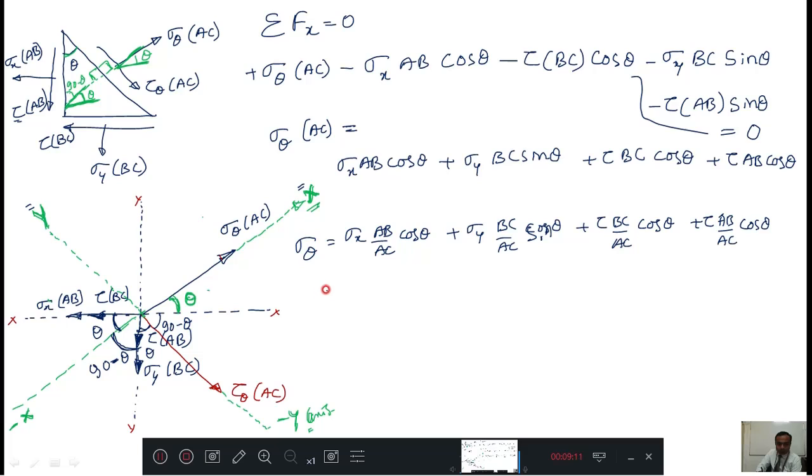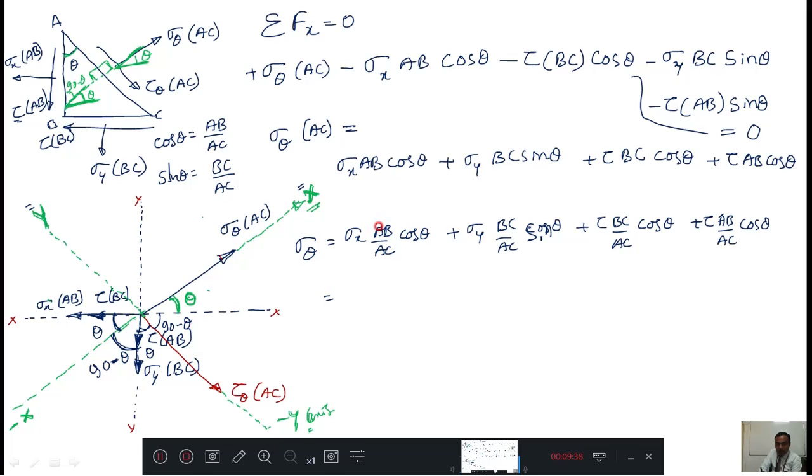Next, coming to this diagram, define cos theta. Cos theta is adjacent, that is AB, by hypotenuse AC. This is A, this is B, this is C. Like that, define sin theta. Sin theta is BC opposite by AC.